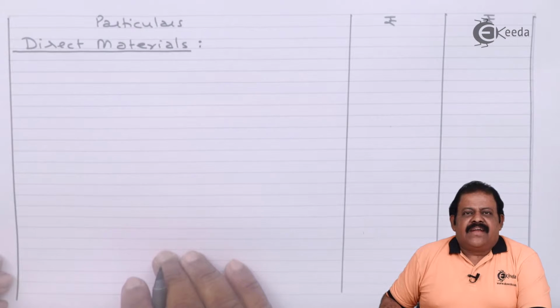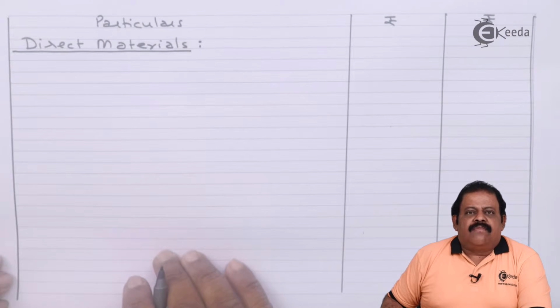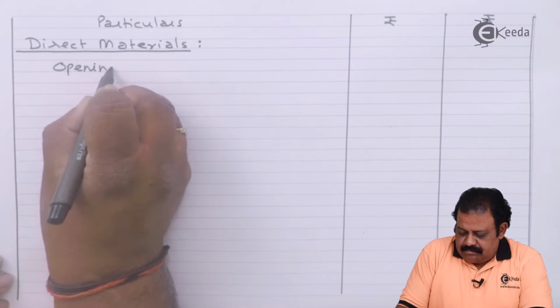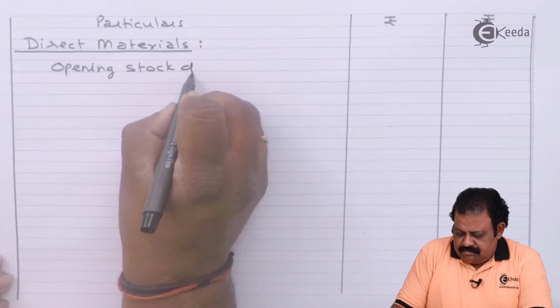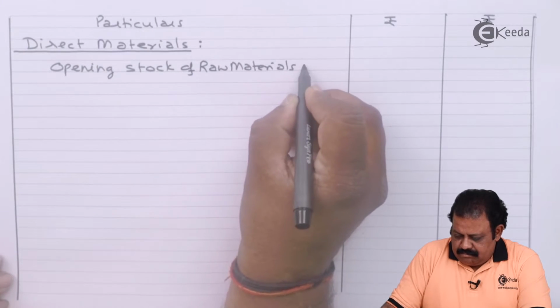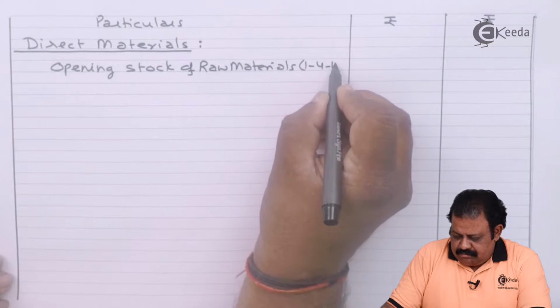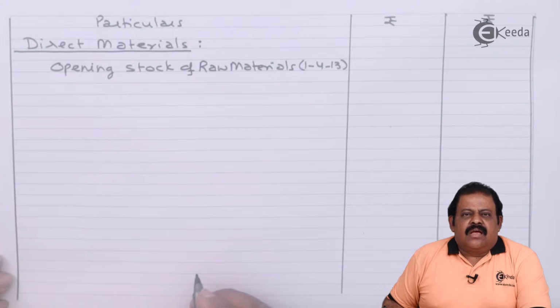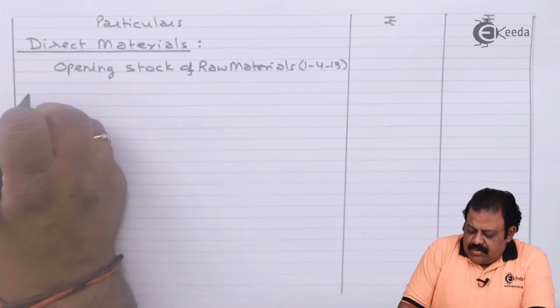The first item is direct material consumed. Here we'll have first the opening stock of raw material, that is stock of raw material as given on 1st April 2013.